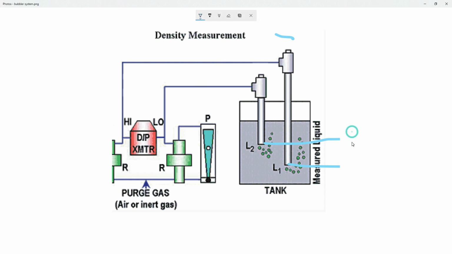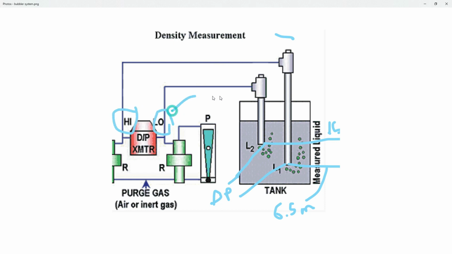In our example, it's saying that this one is 15 centimeters, while this one is 6.5 meters, and it gives me the difference between them and the pressure. See here, this is the high and this one the low.